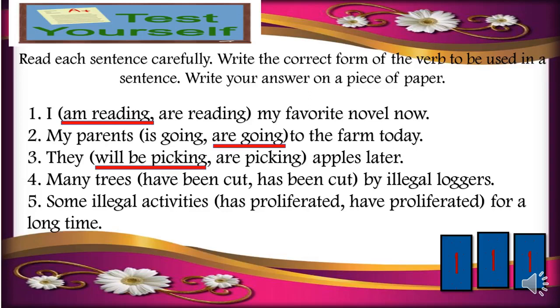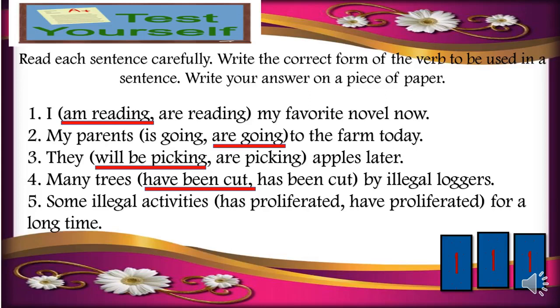So will be because it will happen later. Okay, so the action will be done in the near future. Next, number 4. Yes, have been cut. Many trees have been cut by illegal loggers.